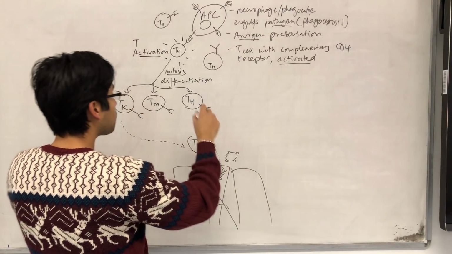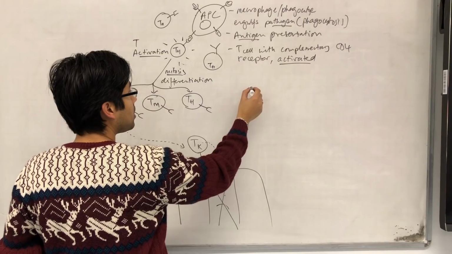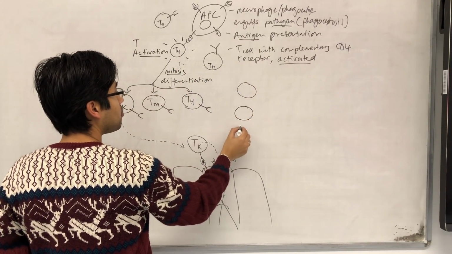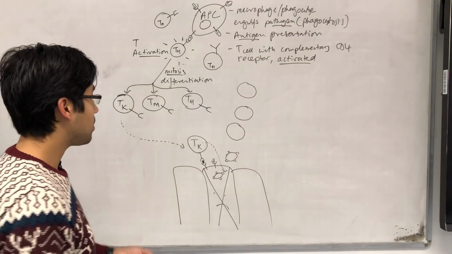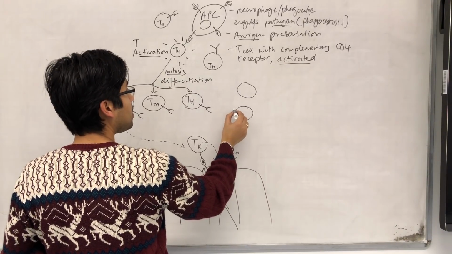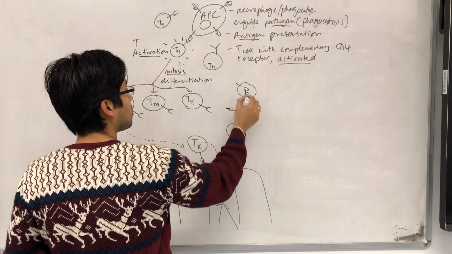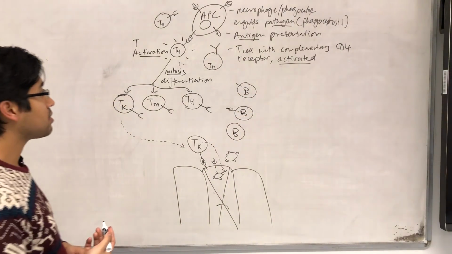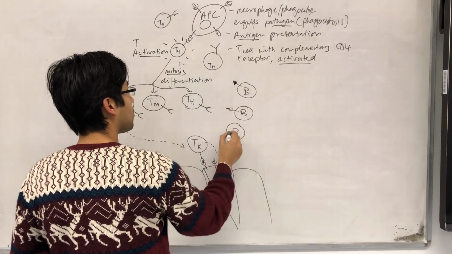And so we have our T helper cells, and just like we had to select the right T helper cell, we now have to select the right B cell that can do something. All these B cells act as antigen presenting cells, but they will be presenting different types of antigen.